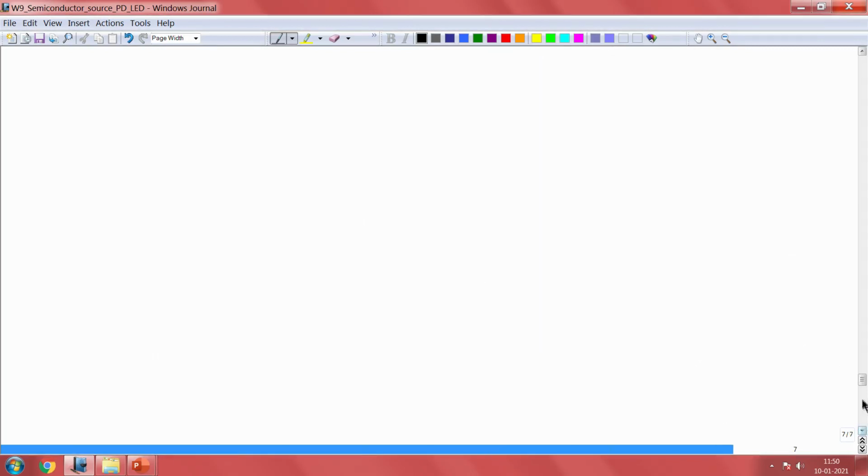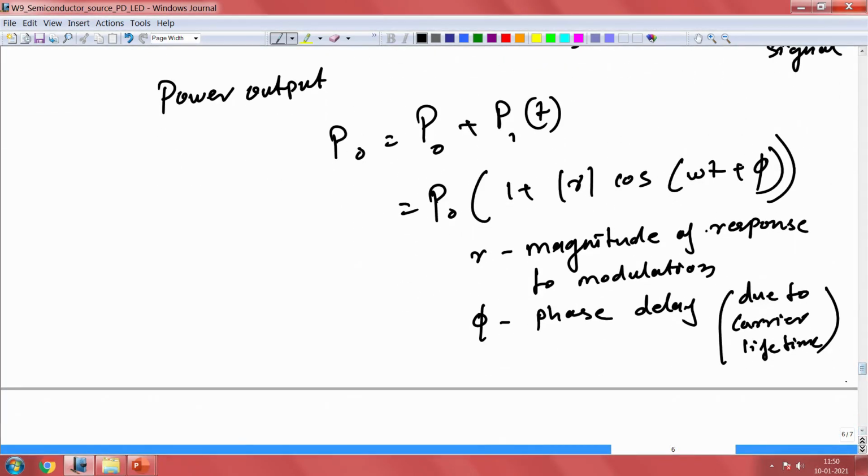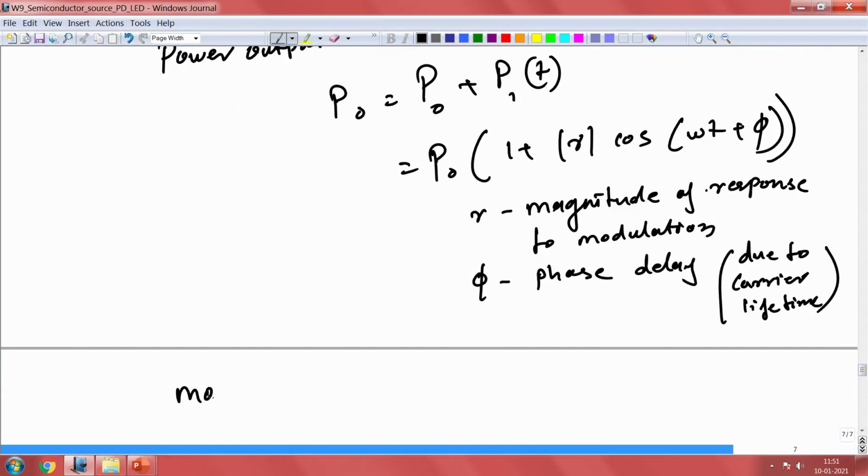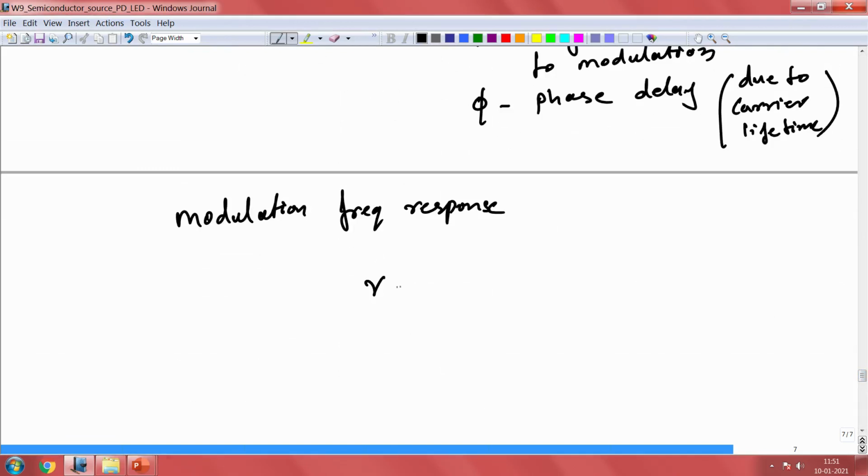We could go on further and characterize this frequency response R. So, the modulation frequency response R as a function of omega depends on phi simply like this, or you could write it.